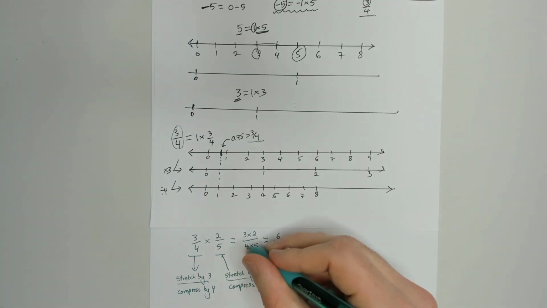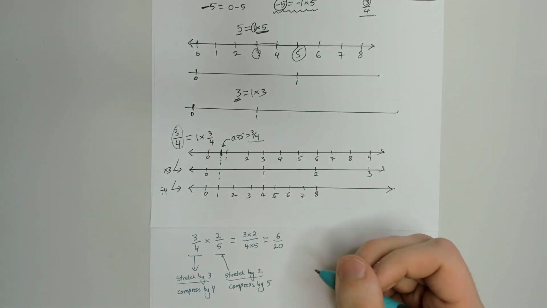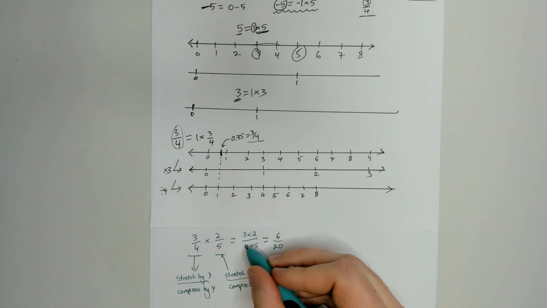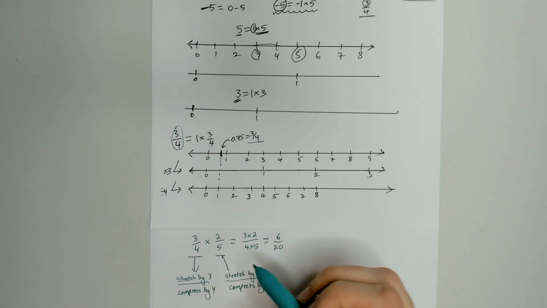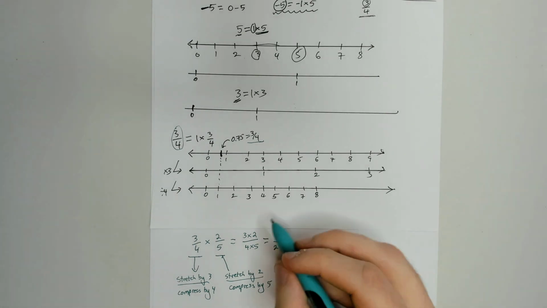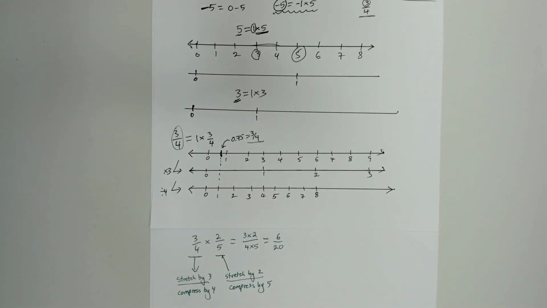And so over here, we get this 4 times 5, which is 20 in the denominator. But what that's doing is it's taking the compression by 4 from over here and combining with the compression by 5 from the 2/5. And it's keeping it all inside the denominator because that is where compression occurs, right? So we see that this gives us another way to think about fraction multiplication.